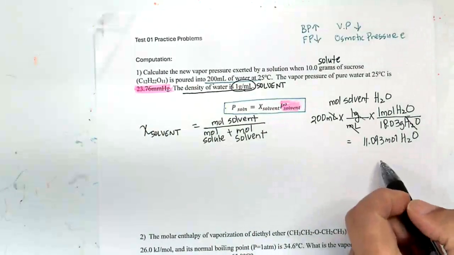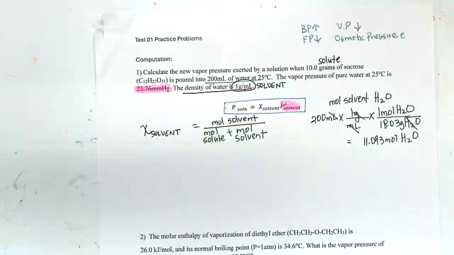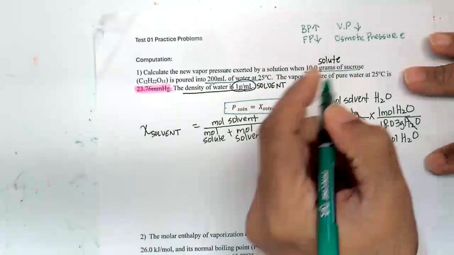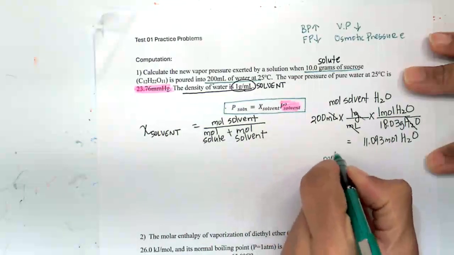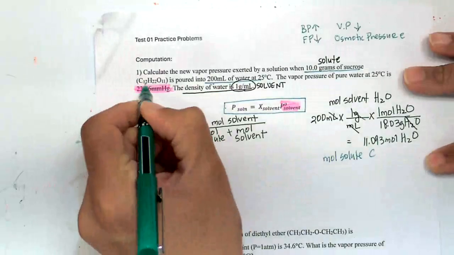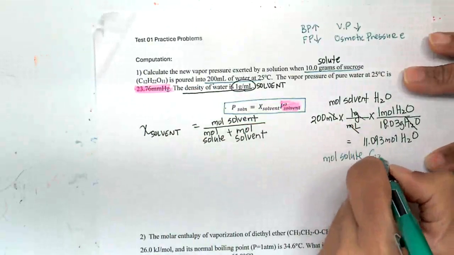Let's do our moles of solute now, which is sucrose. 10 grams of sucrose. Sucrose is C12H22O11.